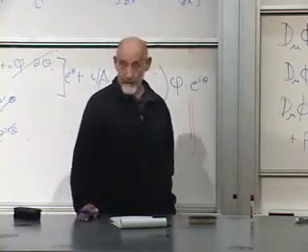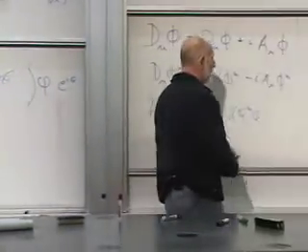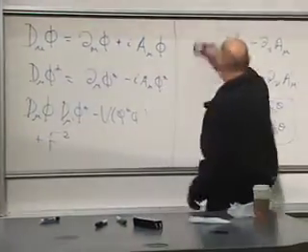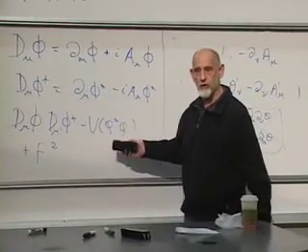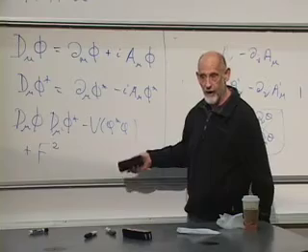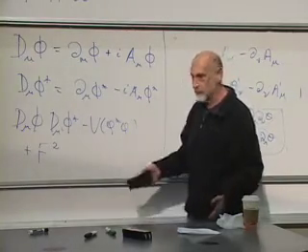Okay, what can we not add? Let me tell you what we can't add and still be gauge invariant. First of all, we can't add potentials which are functions other than functions of phi star phi. If they were functions of just a real part of phi, that would kill the symmetry.